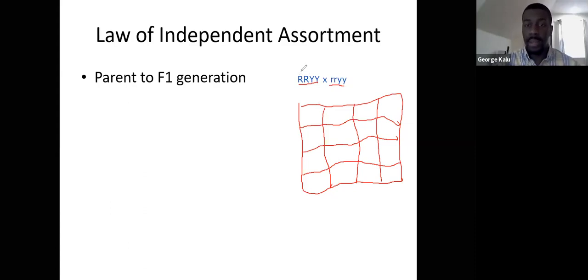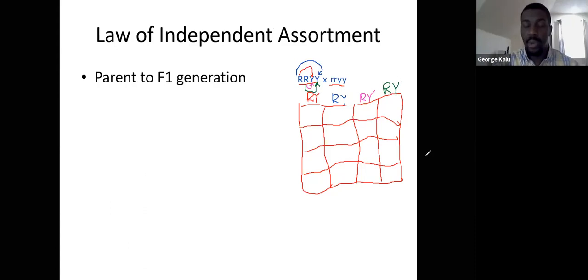We're going to take the big R and the big Y, and that's going to be our first combination here: big R, big Y. Then we're going to do this big R with this big Y, so we end up with another big R, big Y. Then we're going to take the other R and combine it with this one, so we end up with big R, big Y. And the last one I'll do here in green: we're going to take this big R and combine it with this big Y here.